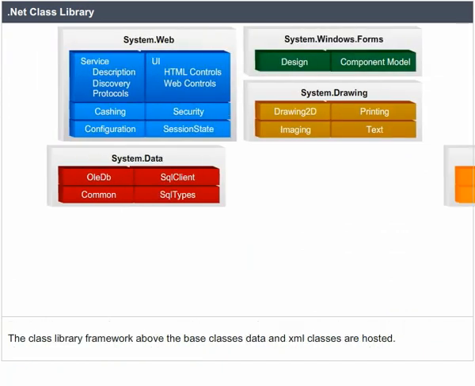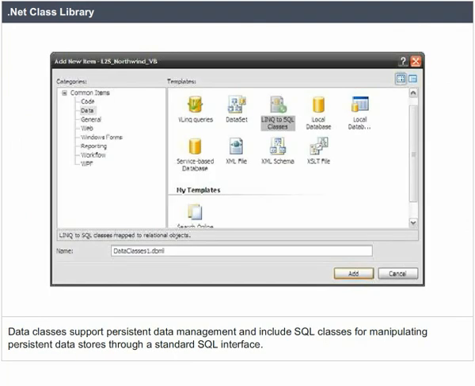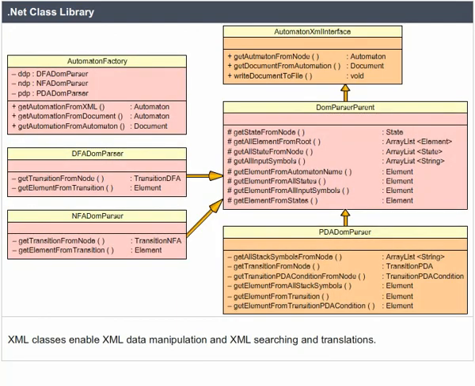In the class library framework above the base classes, data and XML classes are hosted. Data classes support persistent data management and include SQL classes for manipulating persistent data stores through a standard SQL interface. XML classes enable XML data manipulation, XML searching, and translations.